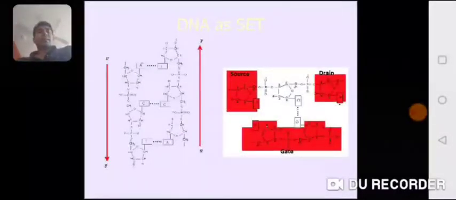This is the basic structure of the DNA, where one group is represented by a source. The other group is represented by a drain, and the main island is represented by a gate structure.